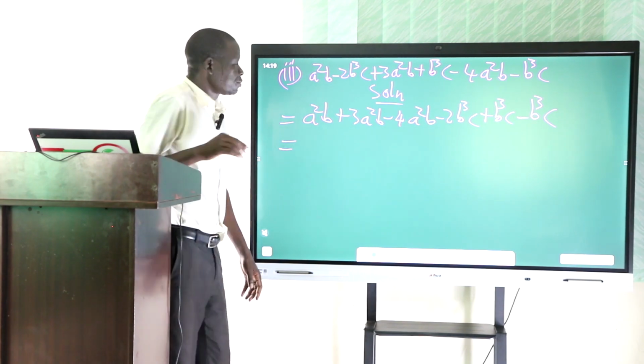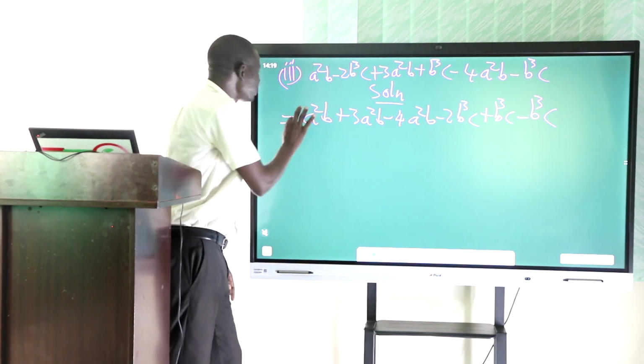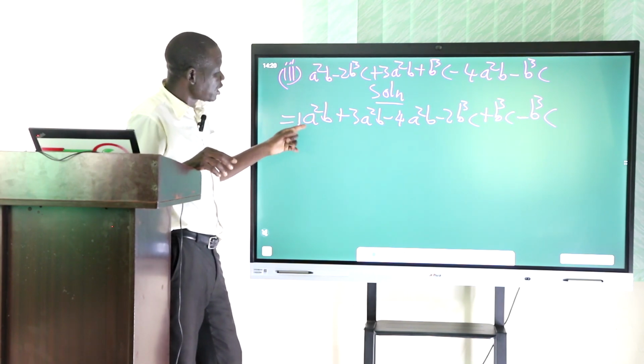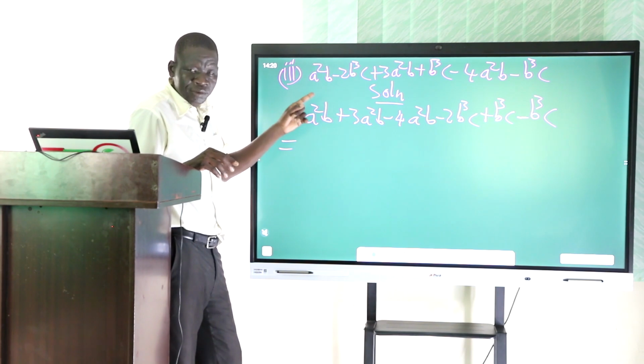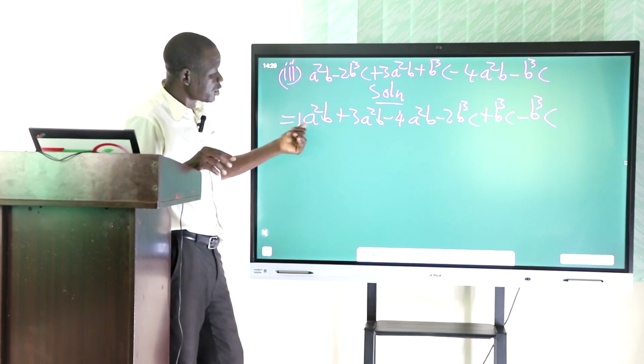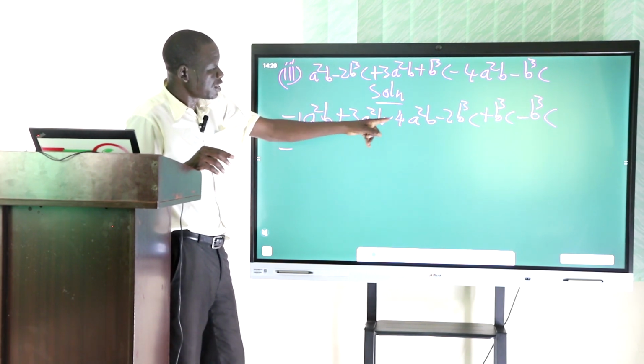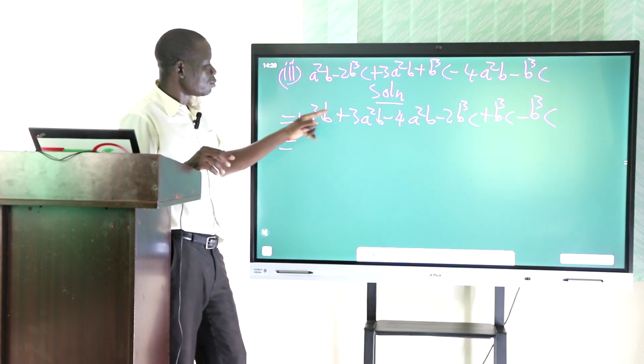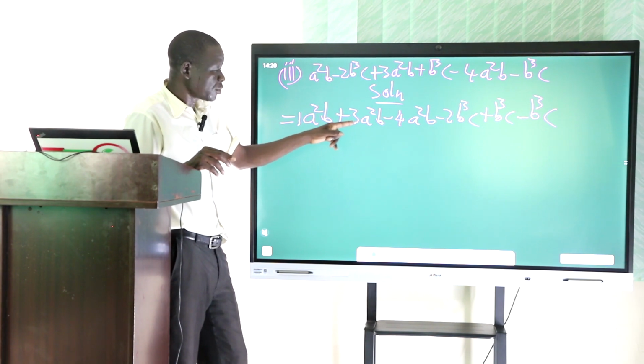When we collect the like terms, here we shall be adding coefficients. The coefficient of a squared b here is 1. So I will add this coefficient to this coefficient, then minus this coefficient. In this case, we shall have 1 plus 3, you get 4.